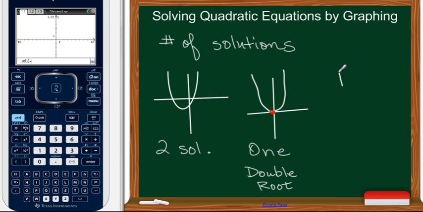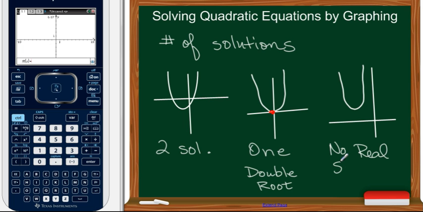And the last possibility is if you've got a parabola floating in the middle of nowhere. Now, this has no real solution. Now, it does have an imaginary solution, but we're going to get to that in another video.